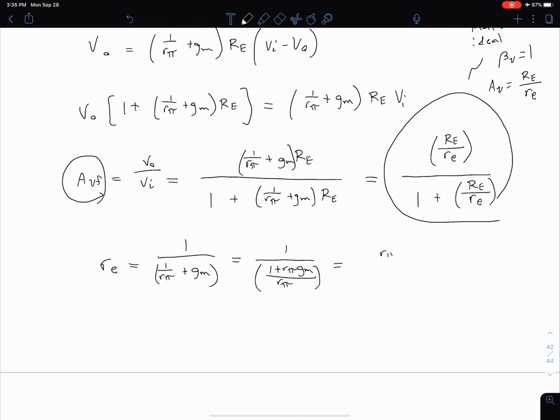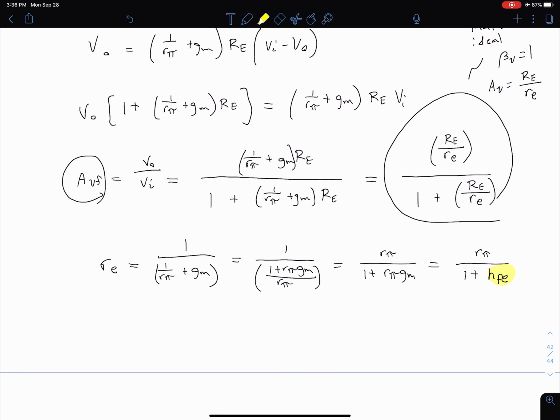So we can say R pi divided by 1 plus R pi GM, and this is then equal to R pi divided by 1 plus HFE. Our HFE is the current gain for our transistor. So this is a useful way to get this lowercase r sub e parameter from our R pi and our HFE value.